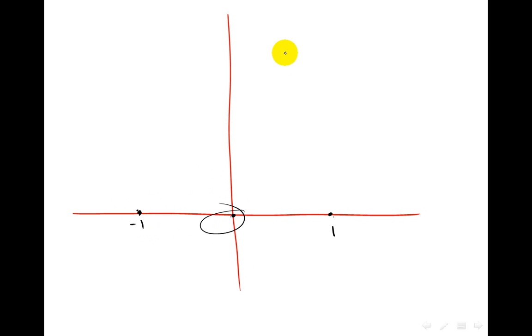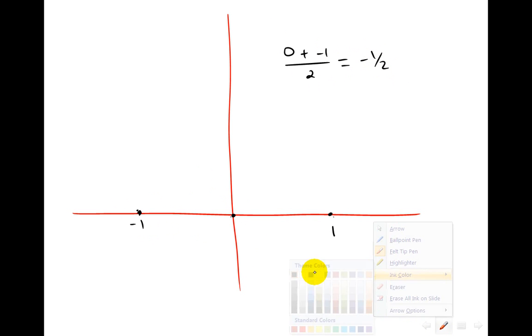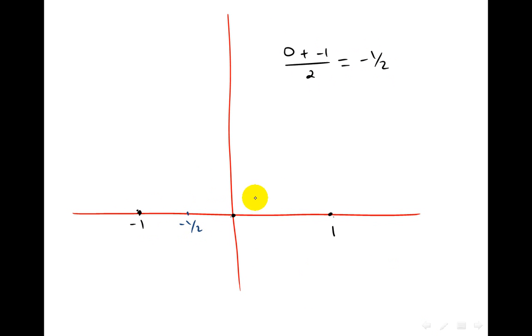I want you to add 0 plus negative 1 divided by 2. You'll have negative half. So here you'll have negative half. Plug in this negative half in the original equation, which is minus 2x to the power of 4 plus 2x squared.